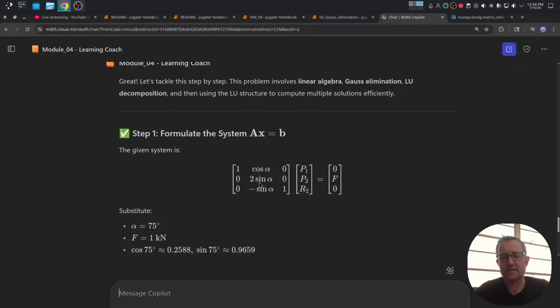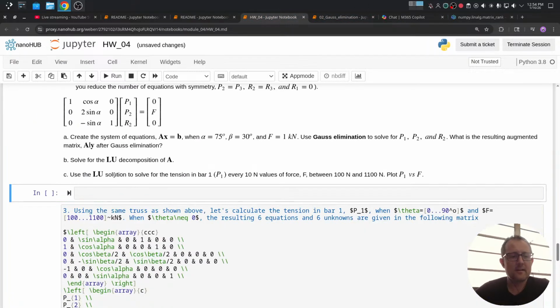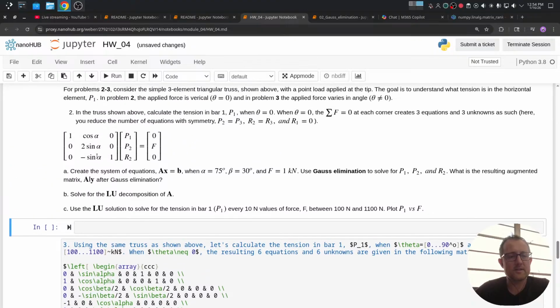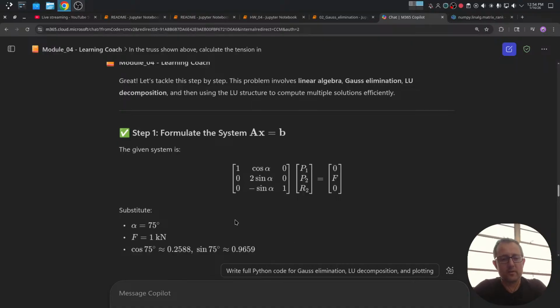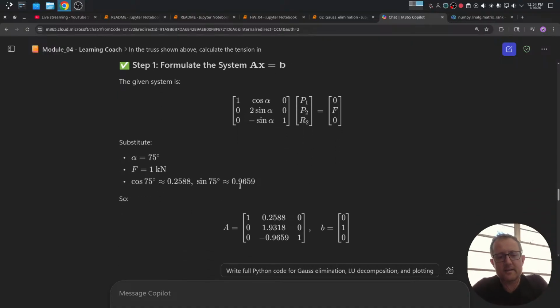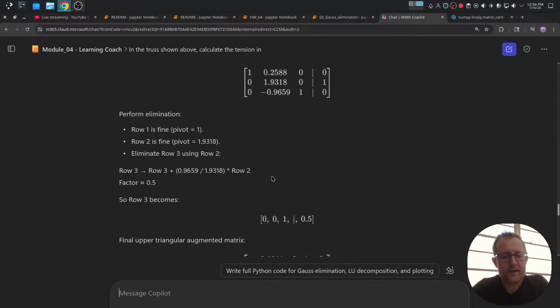Now I can actually see this LaTeX equation, and I think it matches. So 1 cosine 0, 0 2 sine 0, and then a 0 negative sine 1. All right, so that's what we're looking for. And then it's converting this stuff, sines and cosines. It's fine.